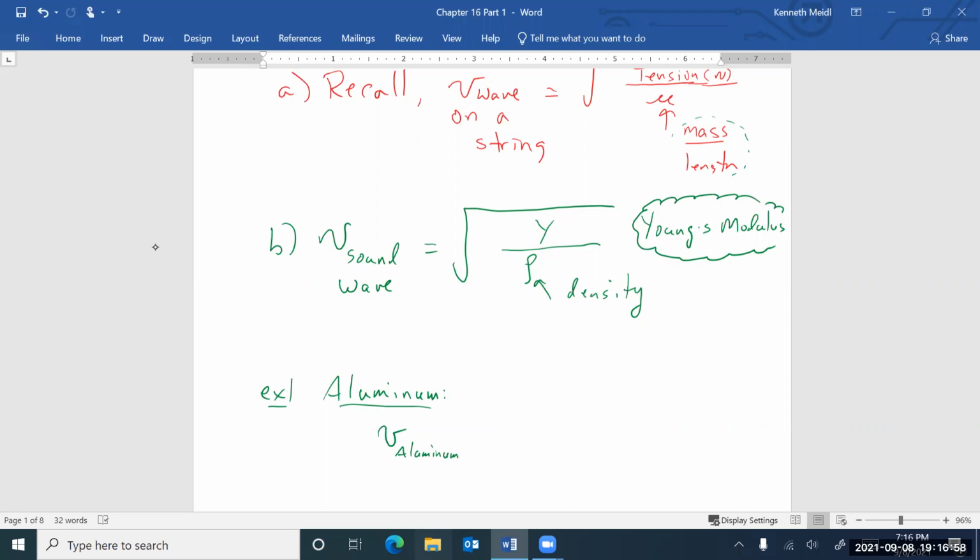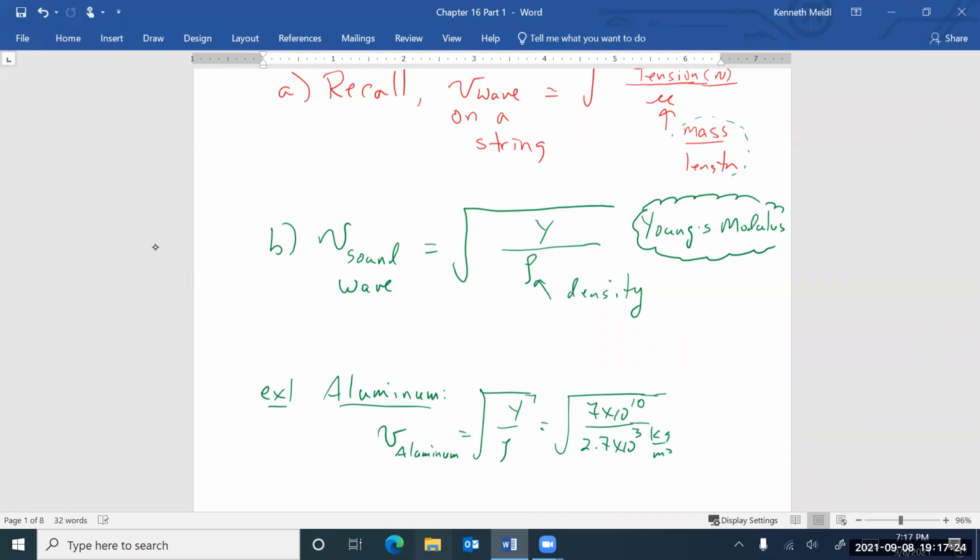But for aluminum, when you look up some of these constants, out of your textbook I end up with something like 7 times 10 to the 10th for Young's modulus. The density is something like 2.7 times 10 to the 3 kilograms per cubic meter.